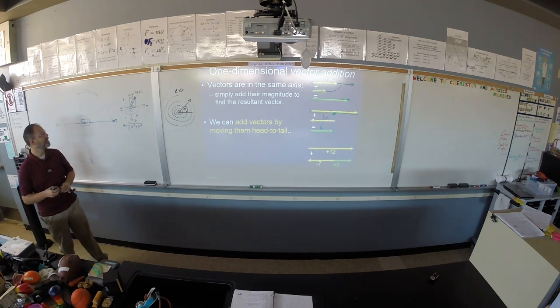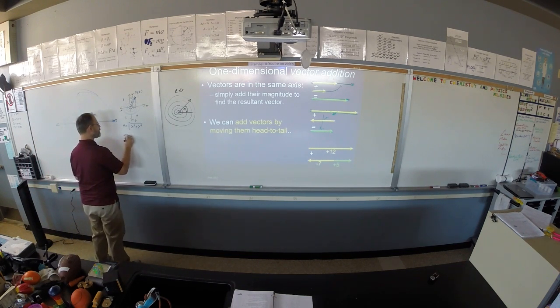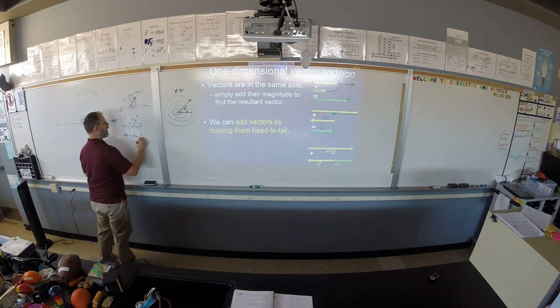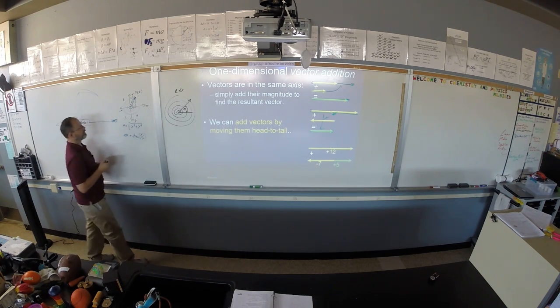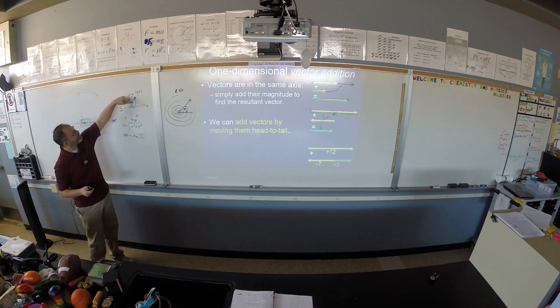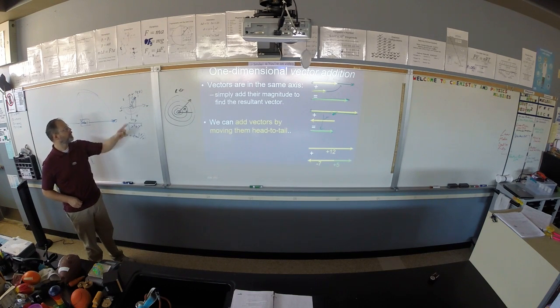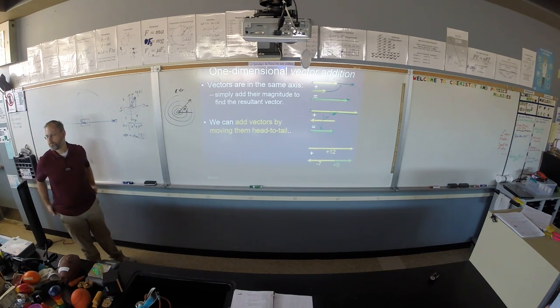And theta is just the tangent of the y over the x, because tangent is opposite over adjacent. So that's how you go between polar coordinates and Cartesian coordinates.